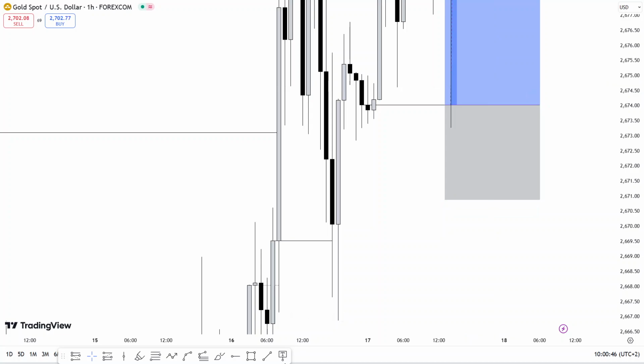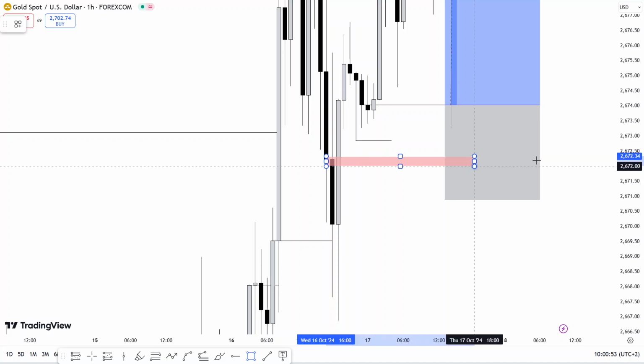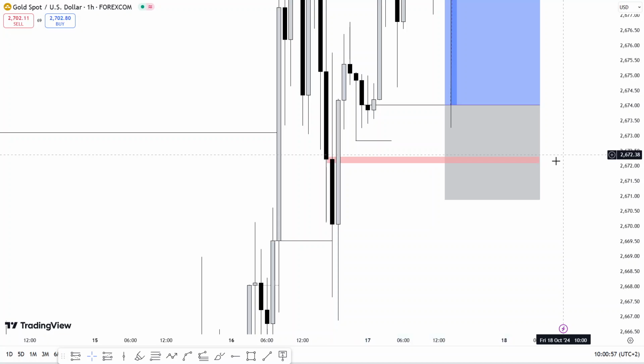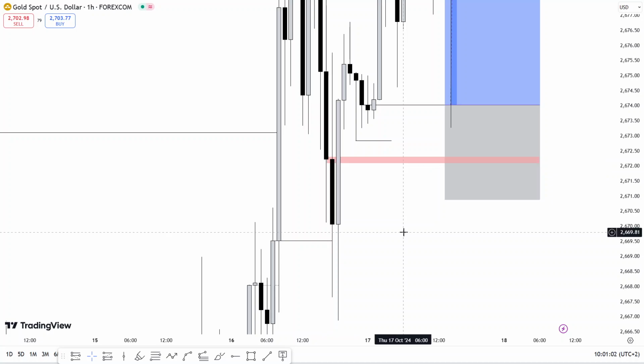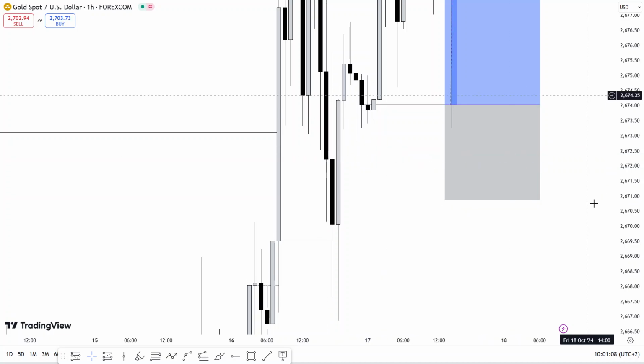If ever, let's say maybe price decided to come back here and then tap into this area, maybe you would still be safe, right? You would still be safe, right? Because we have these two candles, this one right here and then this one right here, these two levels right there, which could have potentially been used as areas to buy from, right?